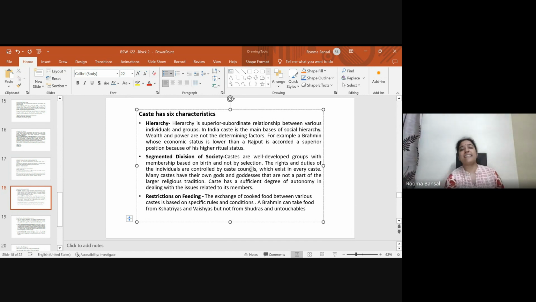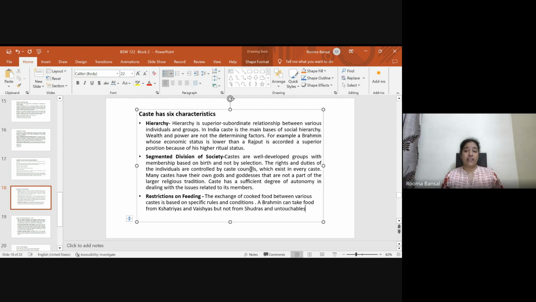Now, caste has six characteristics. Again, here we are talking about the caste system. Hierarchy: hierarchy is a superior or subordinate relationship between various individuals and groups. In India, caste is the main basis of social hierarchy. Wealth and power are not the determining factors. For example, a Brahmin whose economic status is lower than a Rajput is accorded a superior position because of his higher ritual status.